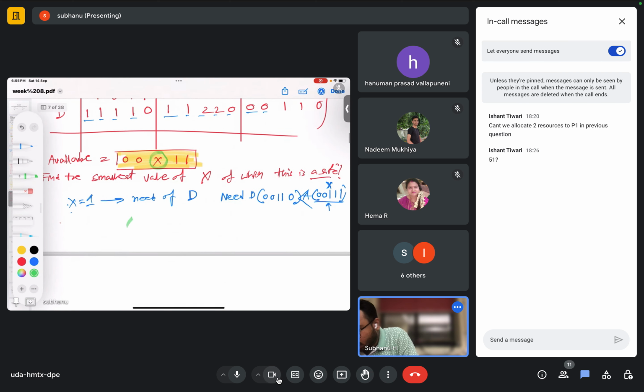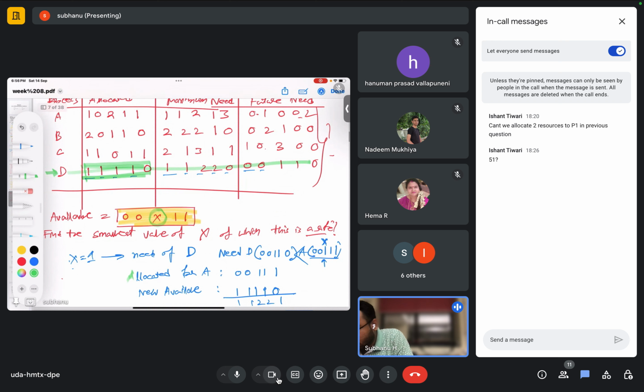So D is finished. Now the new available is found by adding the resources that are freed, whatever you allocated, to the available.